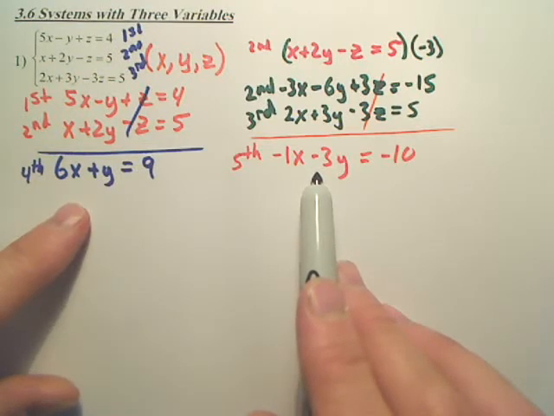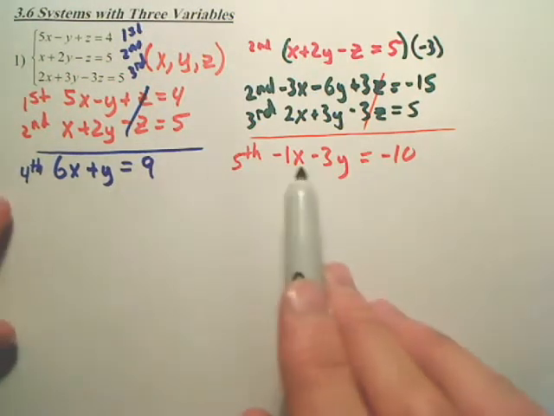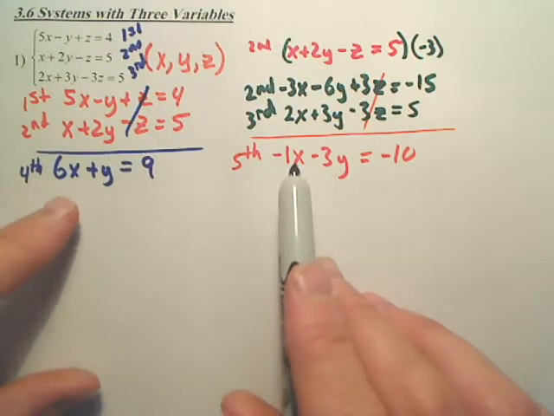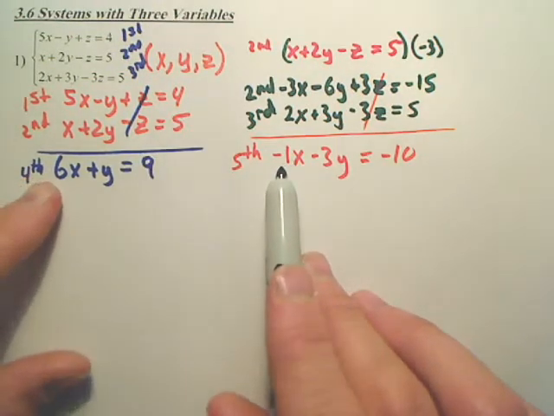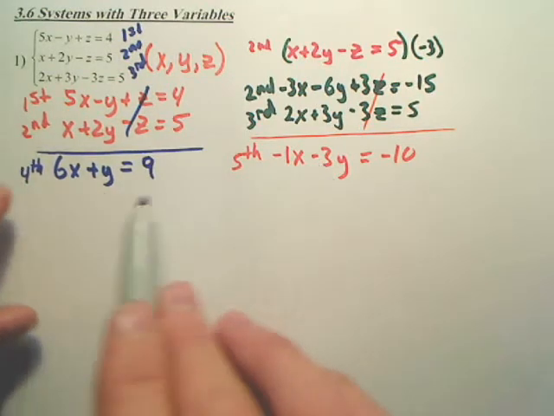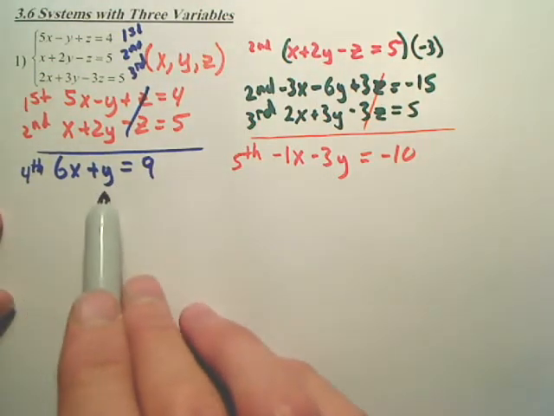So now we go back to our original method. I need to multiply one of these by something so that I can cancel. Look, we have a negative 1 and a 6, or a negative 3 and a 1. Would it be probably easier to multiply this one by 3? Yep.